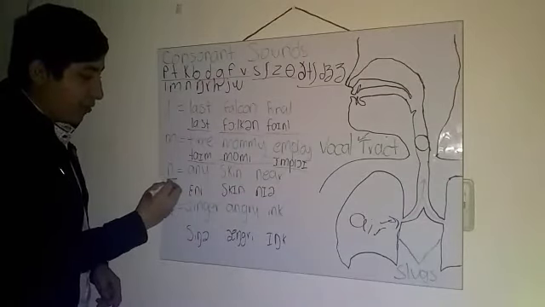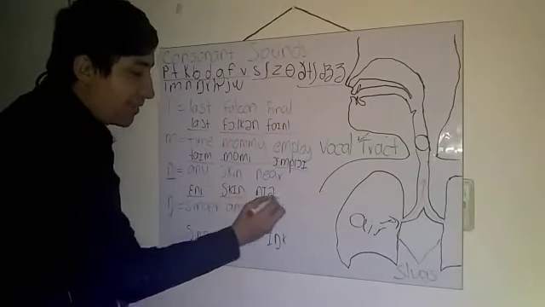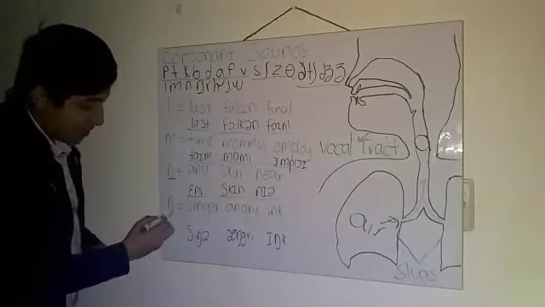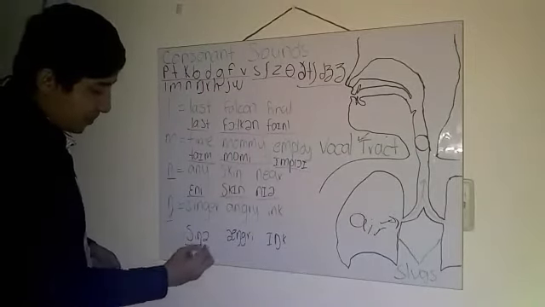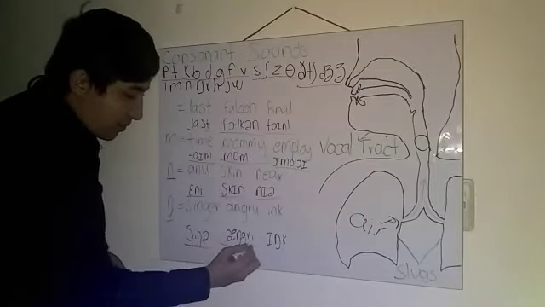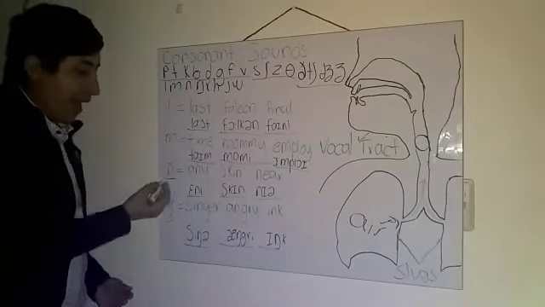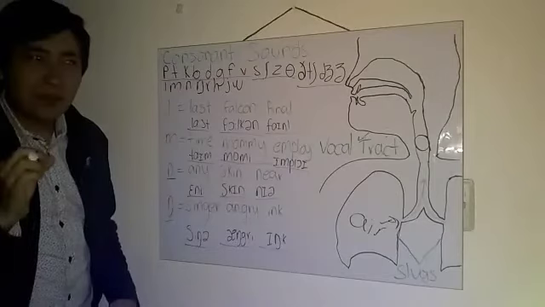N for any, skin, and meow. And ng for think, angry, ink. What is the difference between n and ng? It's simple. It's a little variation.